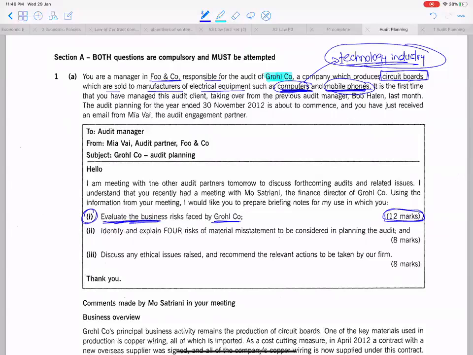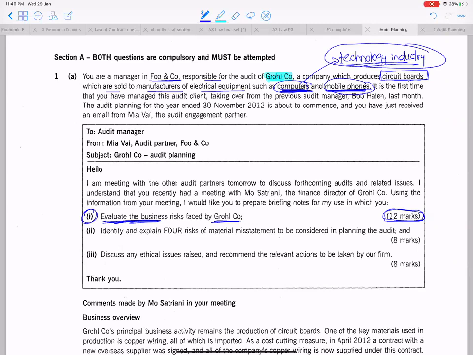And if they get outdated, Grahal company will face a fall in revenue and it has to invest in the innovation process. Okay? Now, I have identified the risk, but at this point, I will not write it because obviously I don't have that much data. So I will wait and I will read the question further.